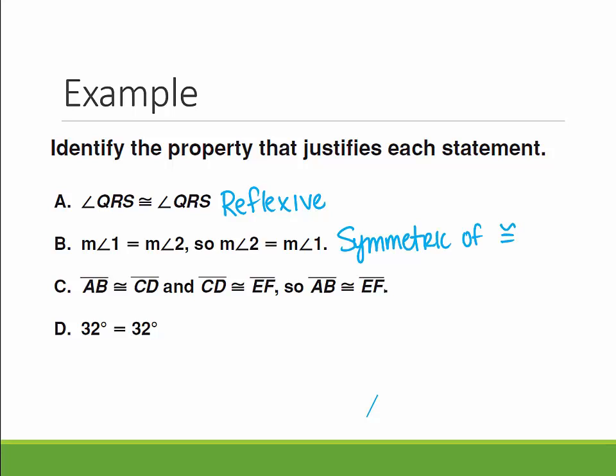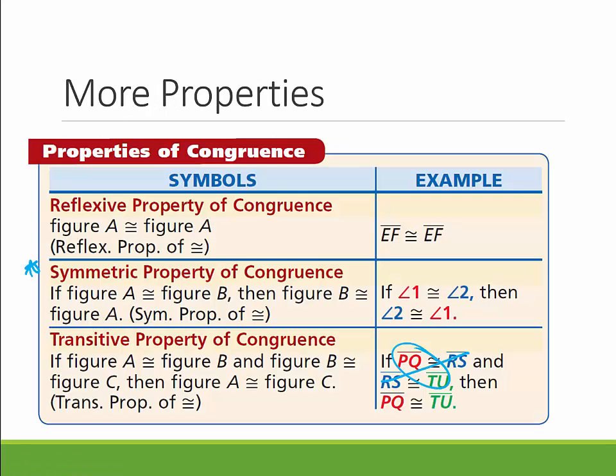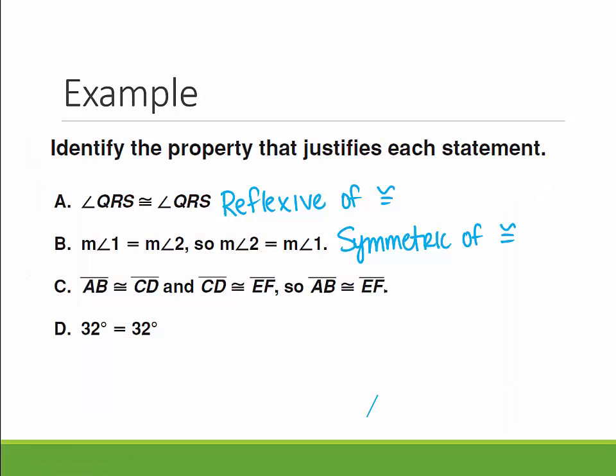And it's symmetric of congruence and reflexive of congruence. If the length of AB is congruent to the length of CD, and the length of CD is congruent to the length of EF, then we can draw the conclusion that the length of AB is congruent to the length of EF. That one right there is where we cross off the middle. It's kind of like the law of syllogism. So it would be the transitive property of congruence.